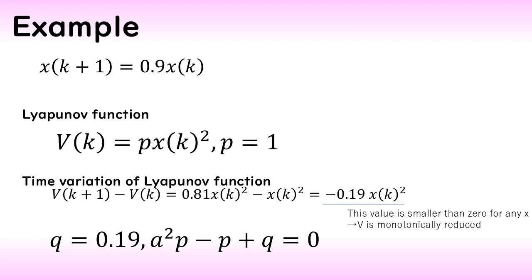In this case, when we select q equals 0.19, the Lyapunov equation is satisfied. Since Lyapunov function is given and Lyapunov equation is satisfied, the system can be regarded as stable.